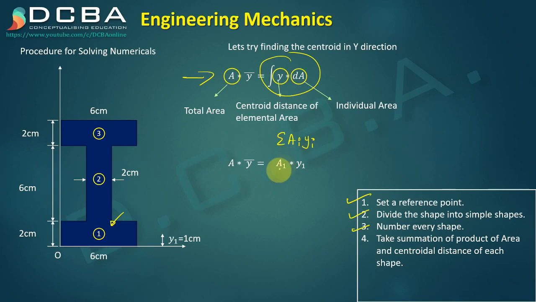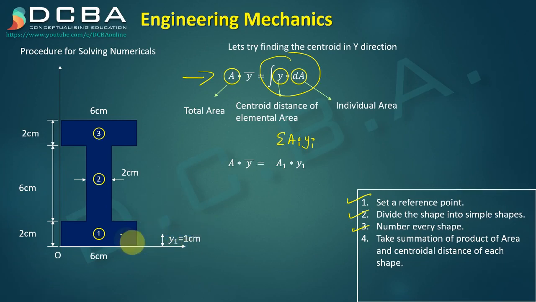A1 is the area of the first shape, which is 6 into 2, and y1 is the centroidal distance of A1 from point O. Since I am finding the y centroidal distance, y1 will be the centroidal distance of A1 along the y direction from point O, which is 2 by 2, because for a rectangle it is h by 2. So it is 1 centimeter.